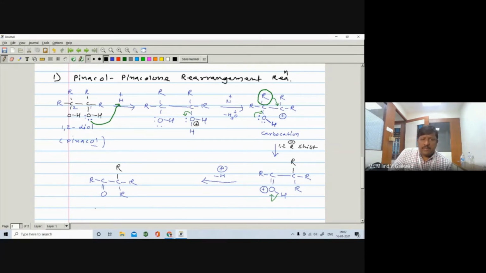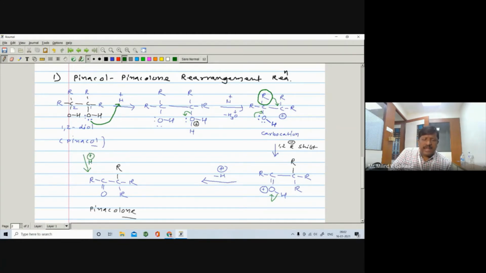So in this way, a rearrangement reaction takes place. It is called pinacolone. ONE means ketone. So as it contains the functional group CO, it is called pinacolone. So it is a pinacol pinacolone rearrangement reaction. The starting compound is pinacol, and you are getting pinacolone in the presence of acid.